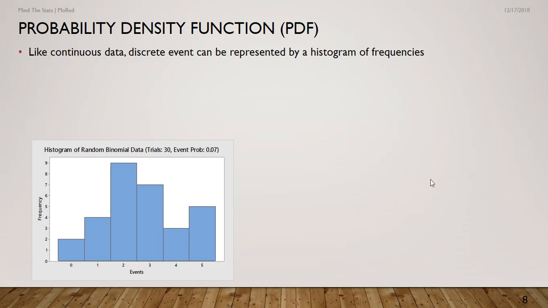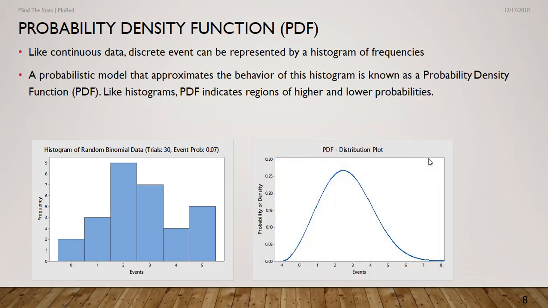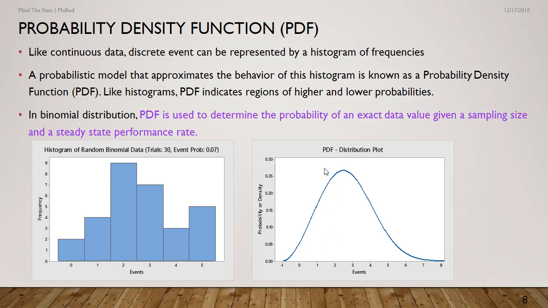A probabilistic model that approximates the behavior of this histogram is known as the probability density function, or PDF for short. So in a PDF, the y-axis is replaced by the probability or density, and the x-axis is the different events.